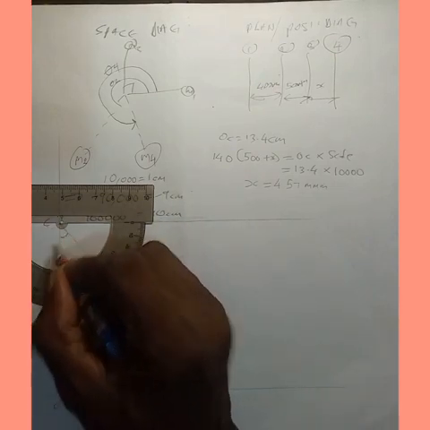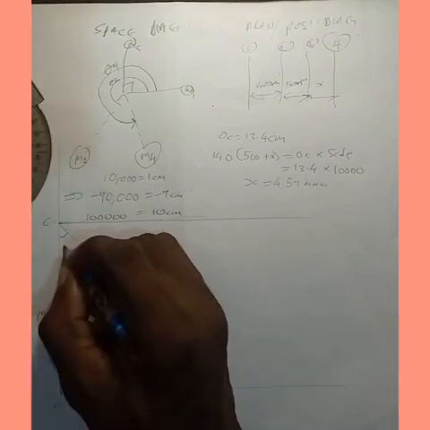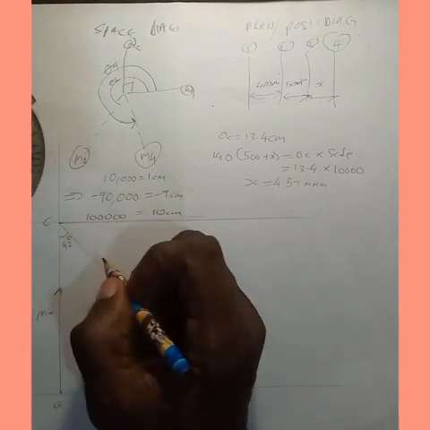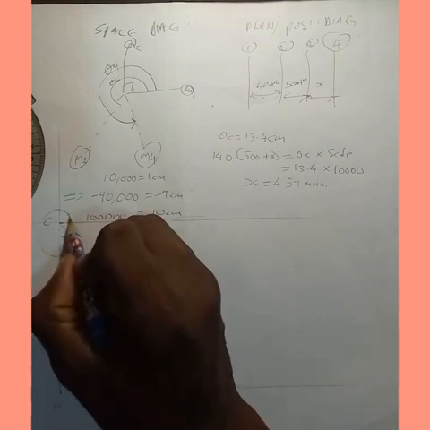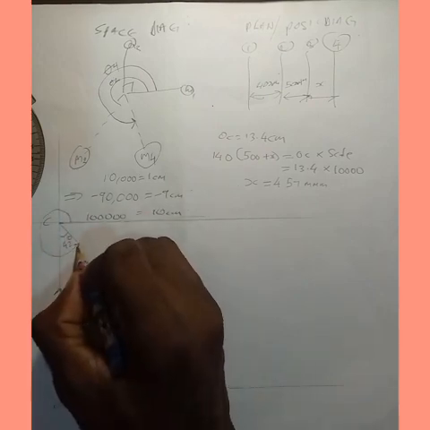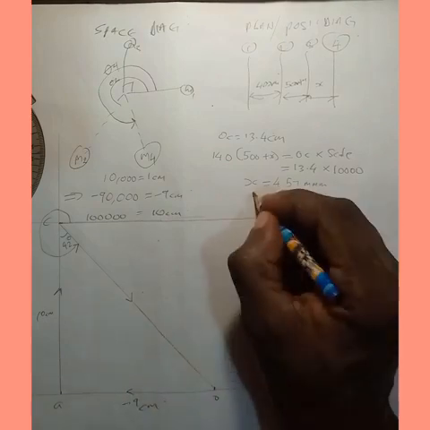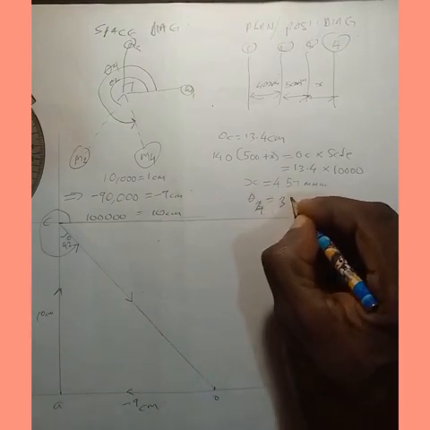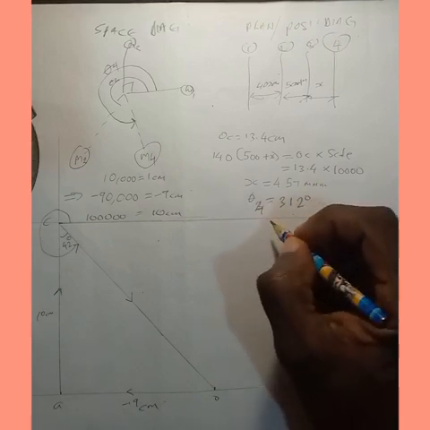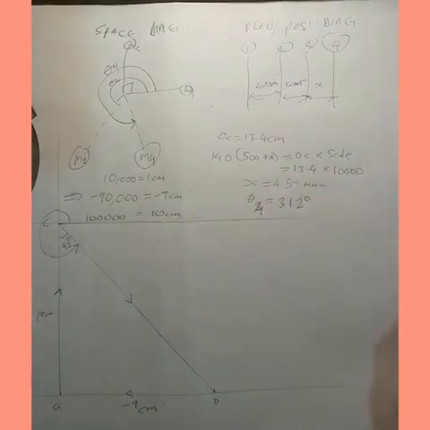This is going to measure around 42 degrees. So now 42 plus 270, and that's going to give you 312. So that means theta 4 is 312.